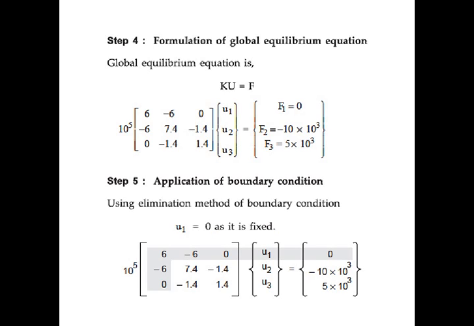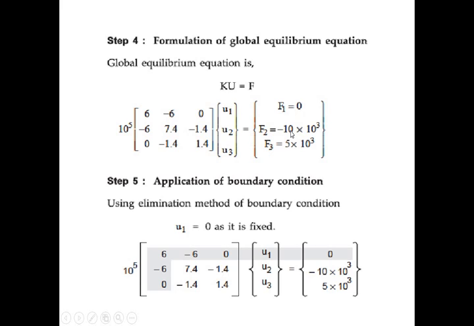Now the global equilibrium equation is Ku equal to F. This is the global stiffness matrix, this is the displacement vector with U1, U2, U3 as the displacements at nodes 1, 2, 3 respectively, equal to the force vector. F1 is at the fixed end, so that is why it is 0.